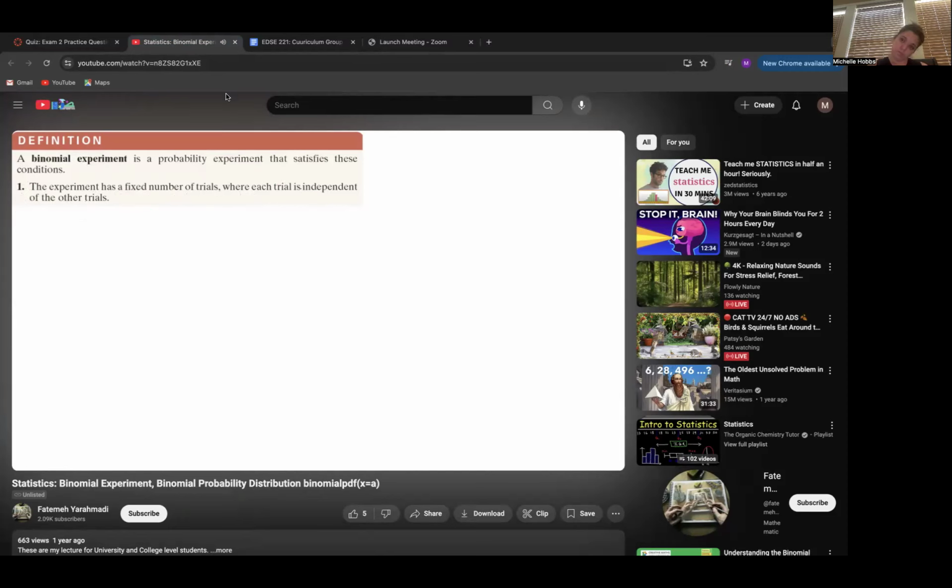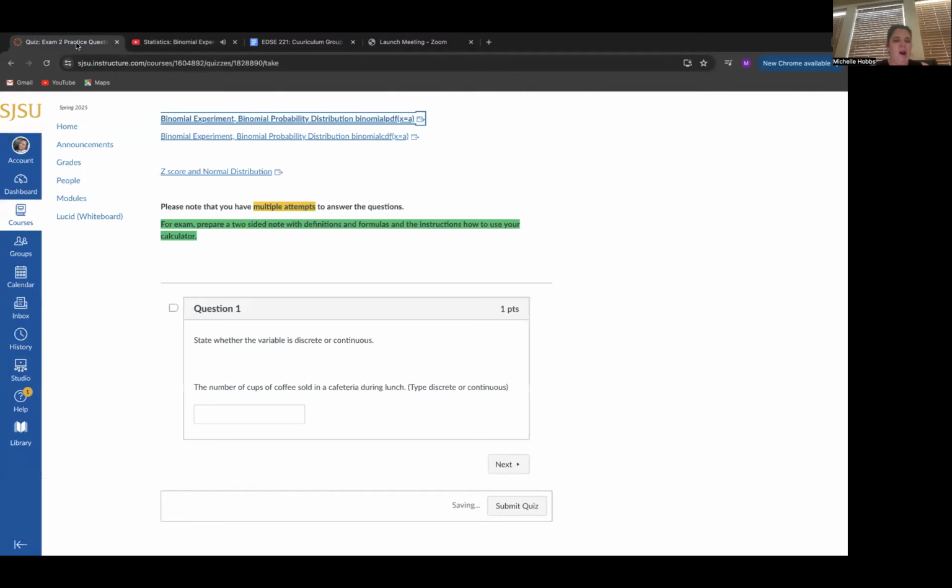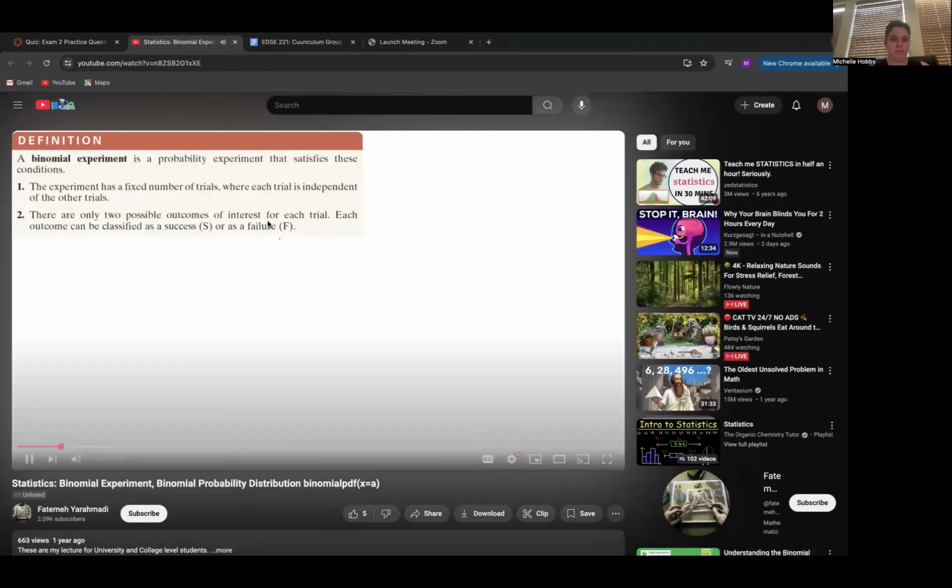It means that the outcome of a trial has nothing to do with the next trial or previous trial. Two, there are only two possible outcomes of interest for each trial. Each outcome can be classified as a success, S, or as a failure, F. The probability of a success is the same for each trial.